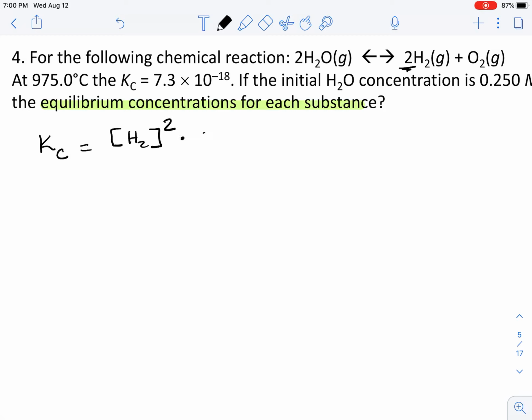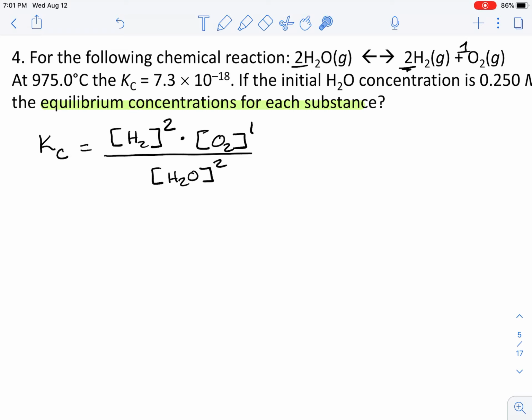And we're going to multiply this by the concentration of oxygen gas, and since there's a coefficient of 1, this is going to be raised to the first power. And then we're going to divide that by the concentration of H2O gas, raised to the second power because we have a coefficient of 2.